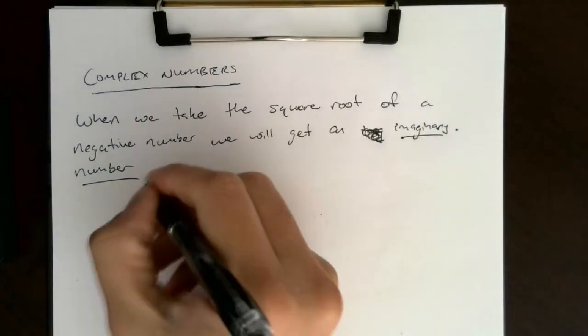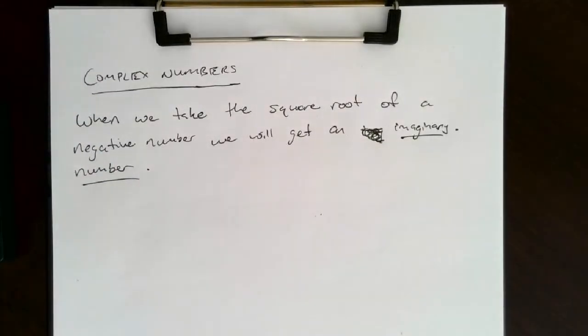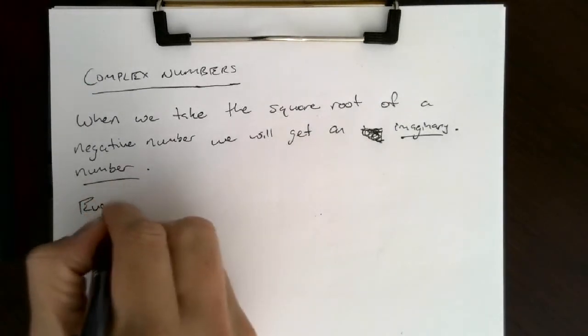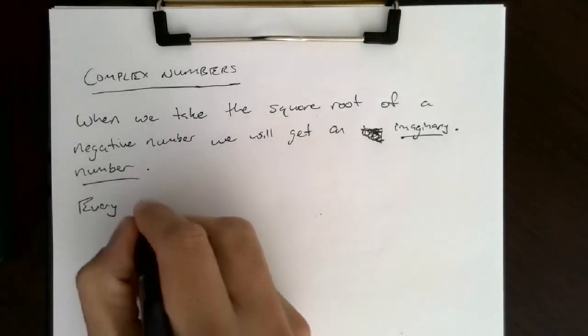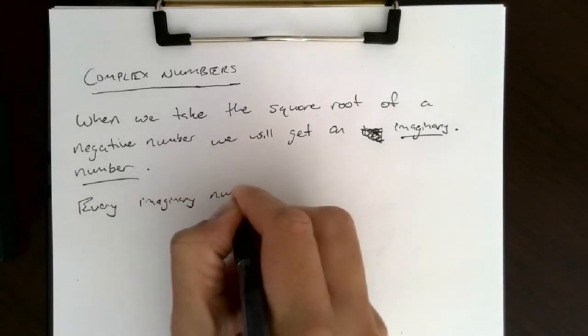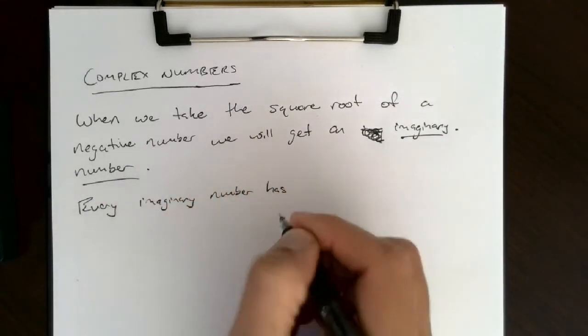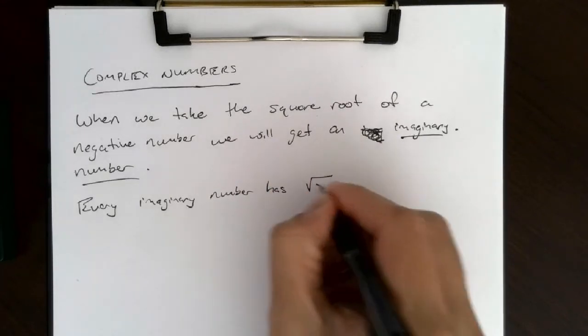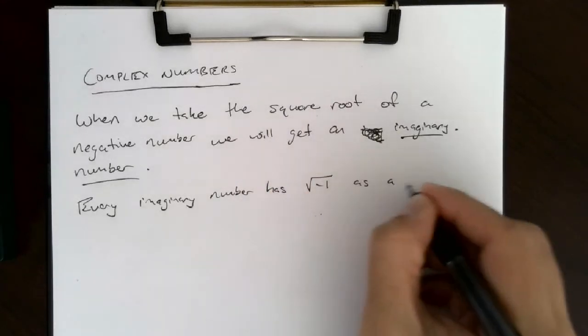But what we do is we really say that every square root of a negative has a factor of the square root of negative 1, right? So every imaginary number has the square root of negative 1 as a factor.